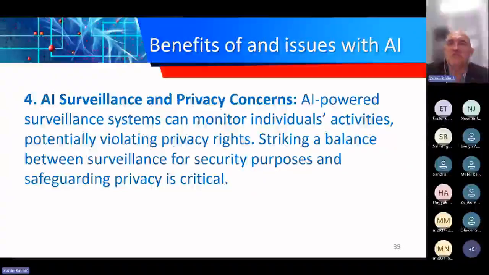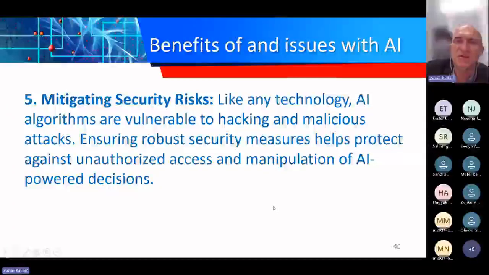So this kind of surveillance is sometimes necessary if you are following some criminal individuals, but generally there should be a balance between the security purposes and keeping the privacy of each individual.